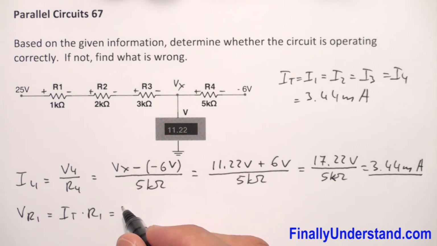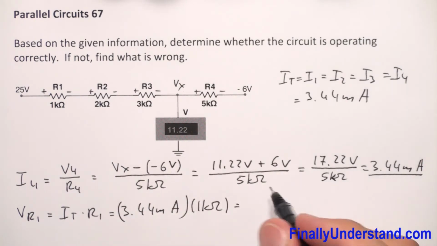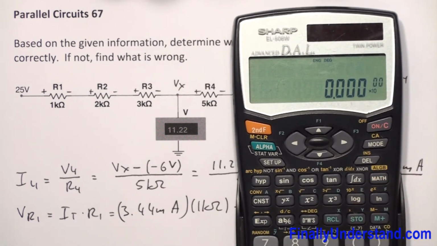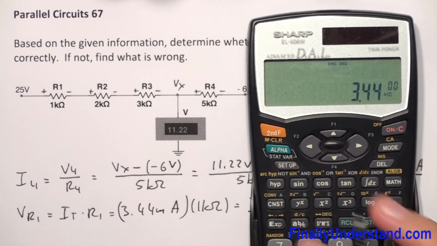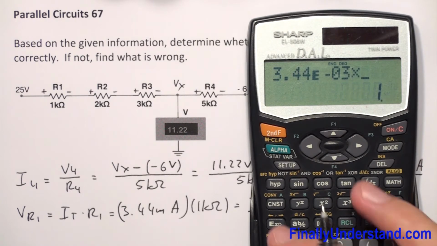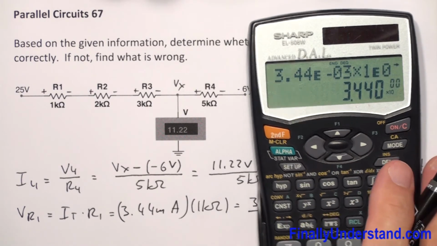So I have 3.44 milliamps times R1, 1 kilo ohm. This is equal to 3.44 volts. For those of you who have difficulties with the calculator, I'm going to do this one more time. On the calculator: 3.44 exponent 3 negative times 1 exponent 3 equals 3.44 volts.